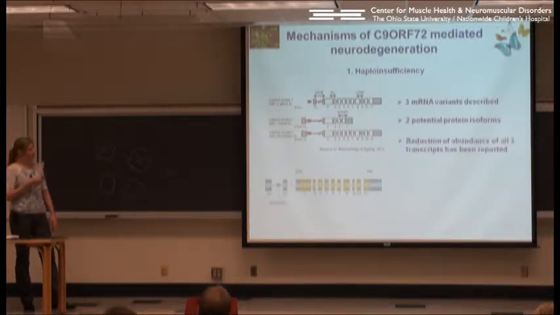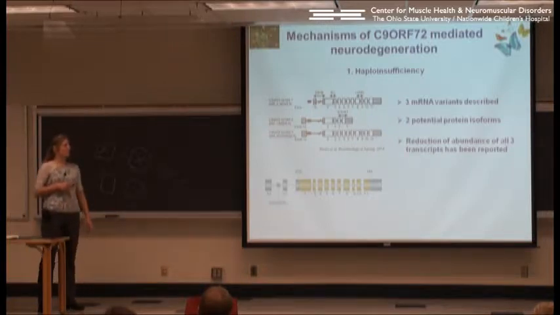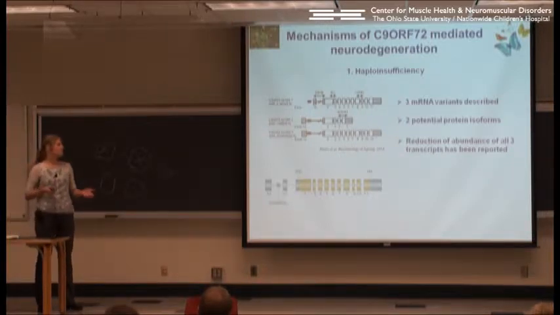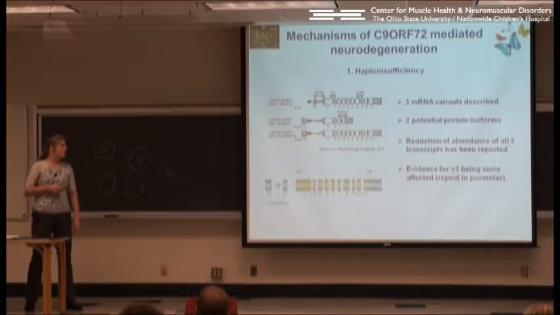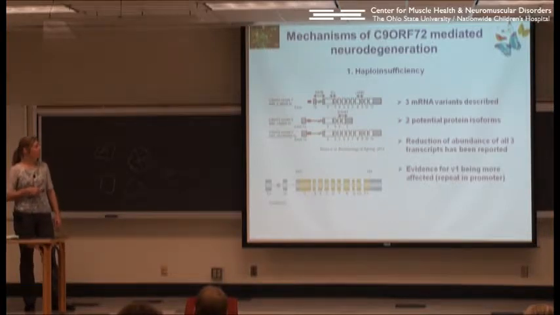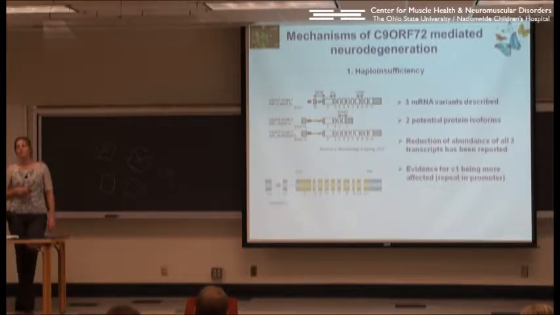And the reduction of abundance of all three different variants has been reported in different tissues of ALS patients and FTD patients. There is evidence that variant 1 is more strongly reduced compared to the other variants because the repeat is actually not in the RNA itself but in the promoter region.